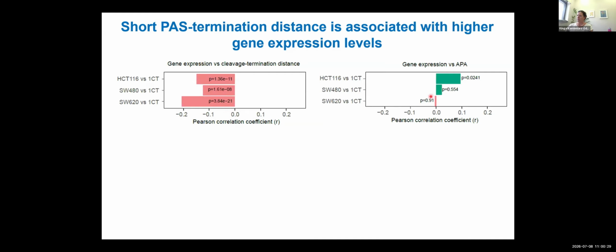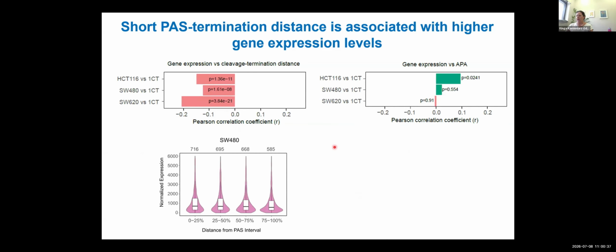When I say mild, it is still much stronger than the influence of alternative polyadenylation on gene expression in the same system. And what this shows is that the shorter the distance, the higher the gene expression. So if we had a shortening of the distance from the normal epithelium to the tumor cells, then at the same time we tend to have increased gene expression. So this is comparing two cell lines with each other, but also if we look just within one cell line, we can see a similar thing.